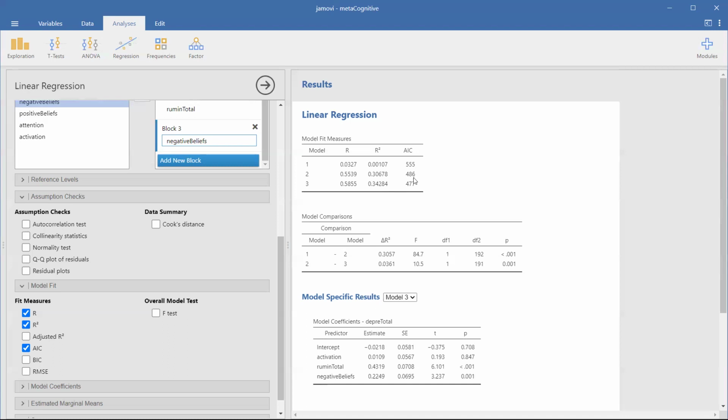The AIC goes down. That means that model 1 is the worst, then the second one is better, and the third one is even better because the AIC value is smaller, right? So that's how you know that you're adding meaningful information to your model. If the AIC increases in one of the steps, that means that the variable is useless, right?